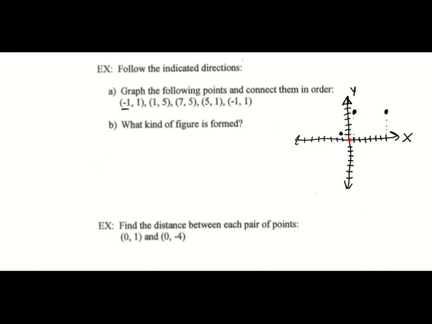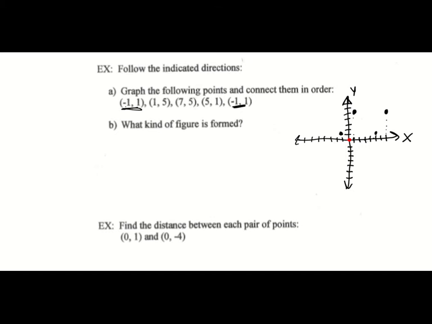My next point, 5, 1, 5 to the right, 1, 2, 3, 4, 5, and up 1. And then my last point, I have a negative 1, so 1 to the left this time, and then 1 up. That's the same exact point as our first point. So that is just the same.